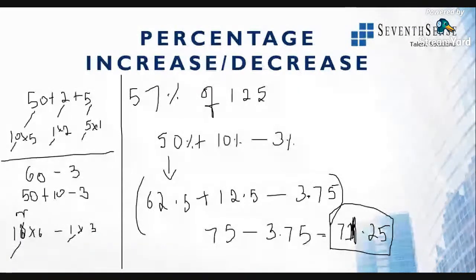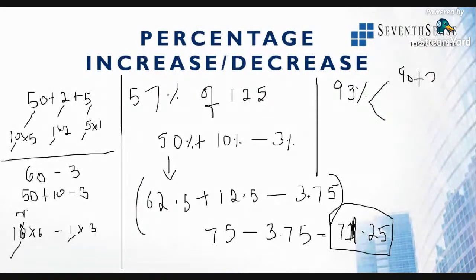Now if you understand this, you can easily find it out. Say for example, if the value is given as 93, you can either split it up as 90 plus 3 or 100 minus 7. 100 is nothing but whatever the value. Say for example, if they ask you 93% of 270, 270, whatever the value is, is nothing but 100.